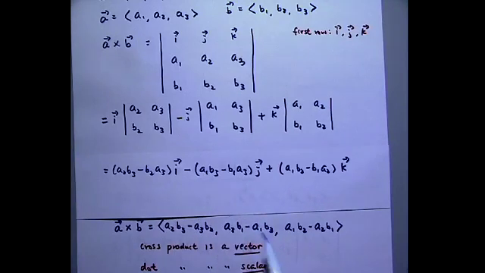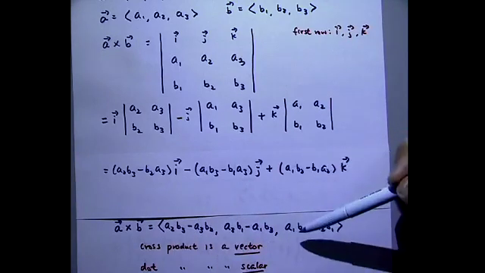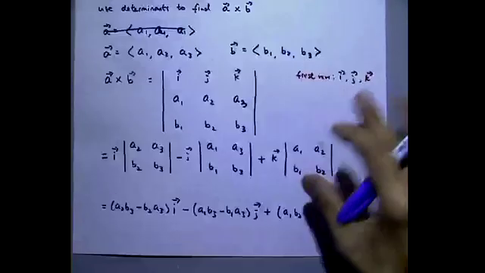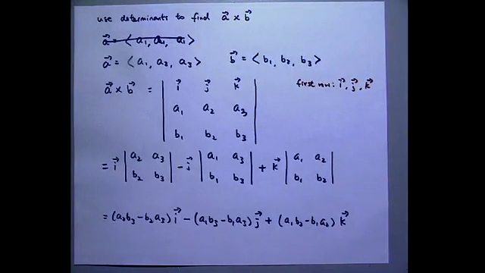So this matches up too. A1, B2 minus B1, A2. So this is a much easier way to find the cross product of any two vectors. This way, as long as you know how determinants work, you can always come up with the cross product of two vectors.